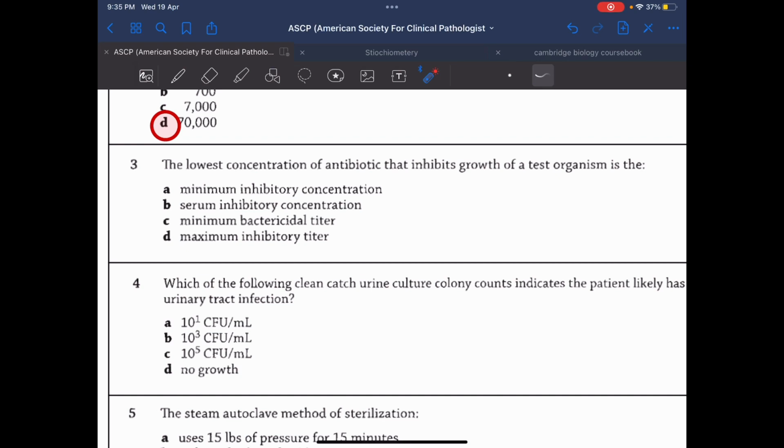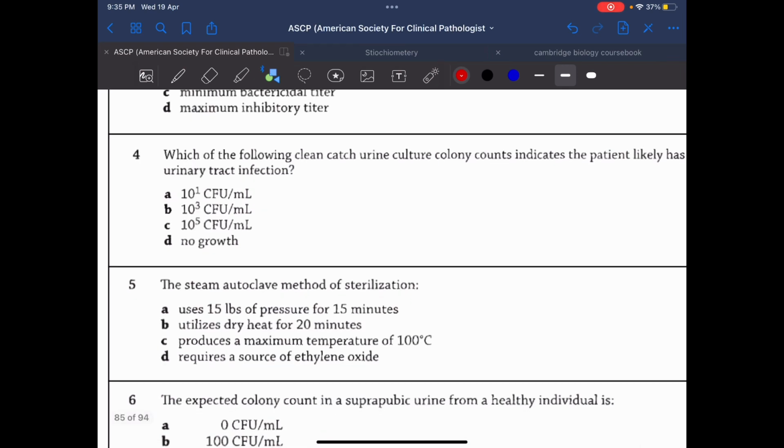It is the lowest concentration of antibiotic that inhibits visible growth of the organism. It doesn't represent the concentration of antibiotic that is lethal to the organism. So the correct answer is A, minimum inhibitory concentration.